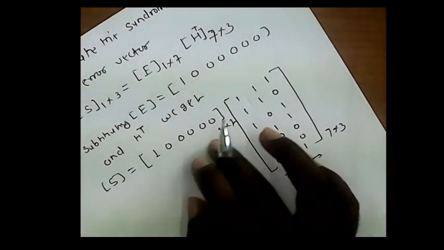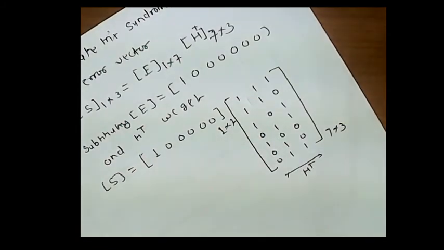So we get S is equal to, then we take the multiplication of row and column.